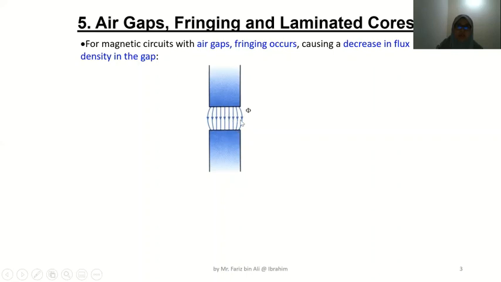So you have some decrement in this gap, a decrement of the flux density. For short gaps, fringing can usually be neglected. If you have a short gap here, we can just ignore the fringing effect.